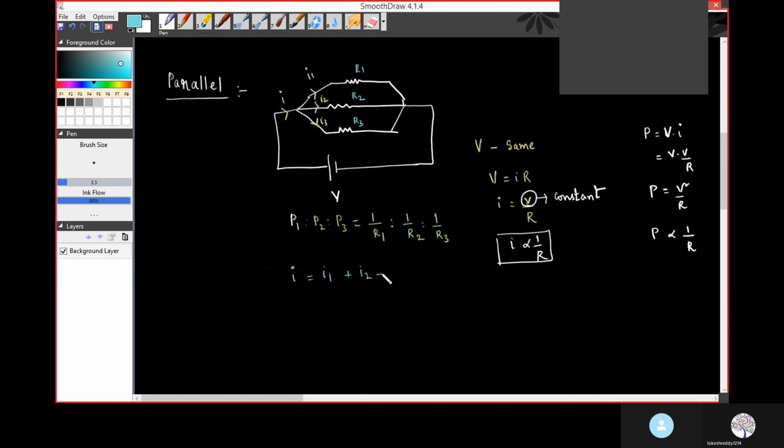I is equal to V by R, so that I is equal to V by R1 plus V by R2 plus V by R3. Now, if I take this V common and cancel, then 1 by R equivalent is equal to 1 by R1 plus 1 by R2 plus 1 by R3.